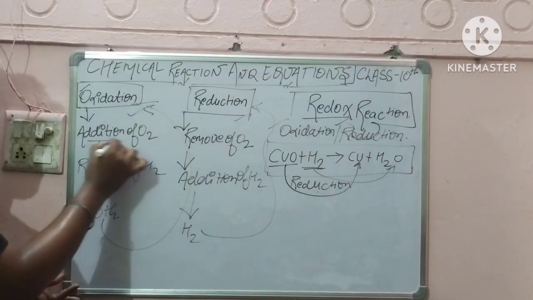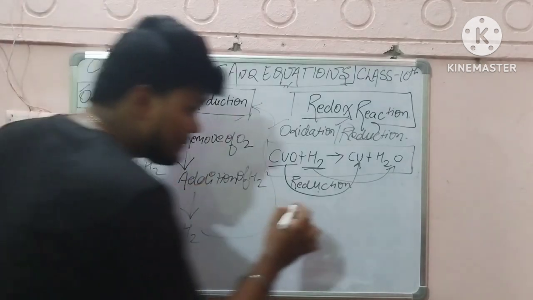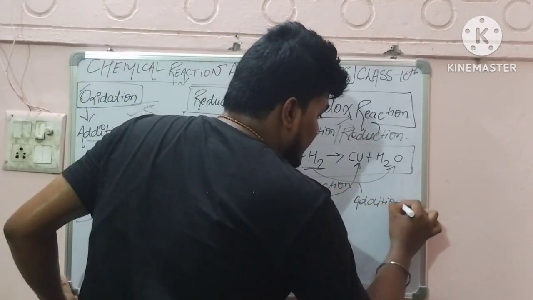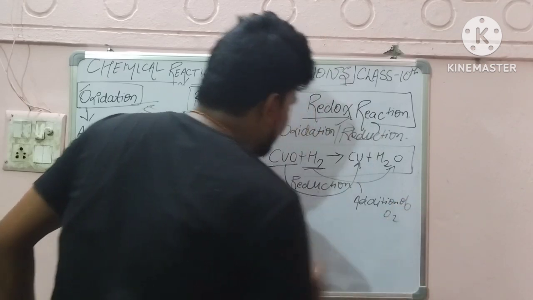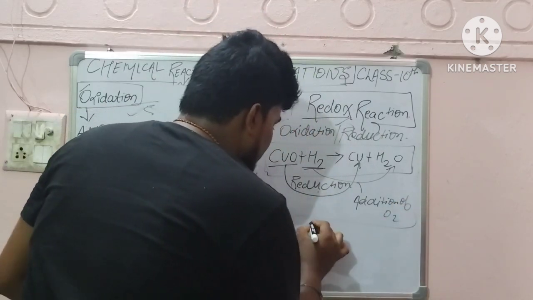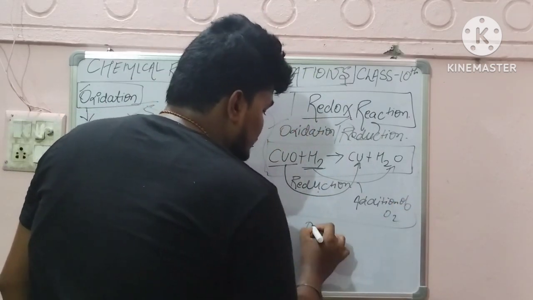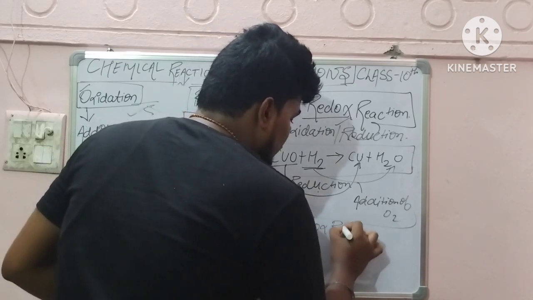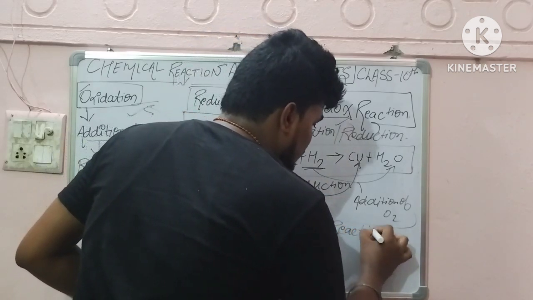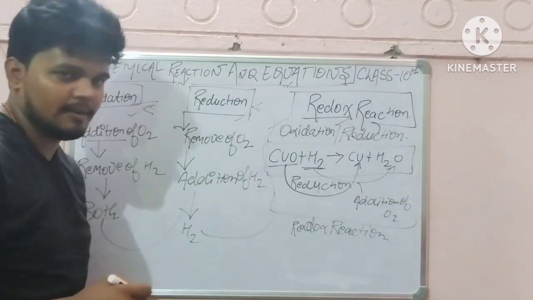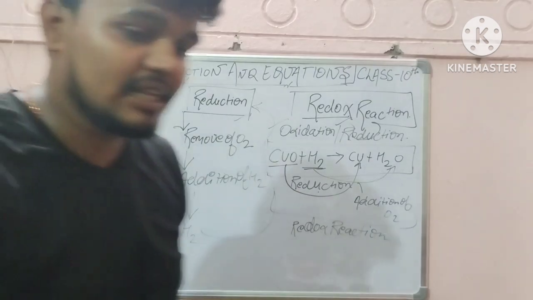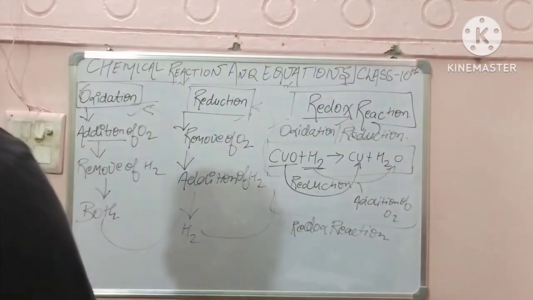What happens? Addition of oxygen. So here addition of O2 happens. This is the redox reaction. That is clear? Okay. I think it will be clear to you.